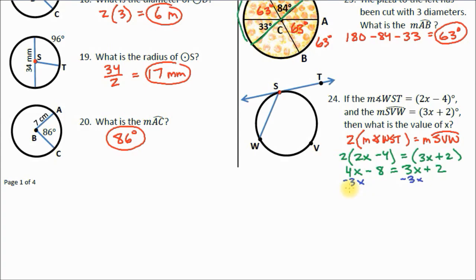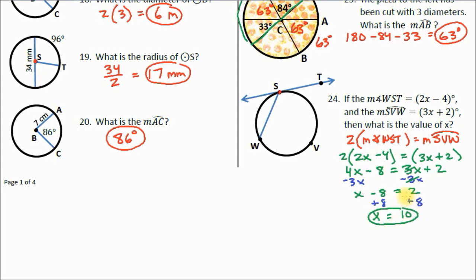And we're going to end up with 4x minus 3x is just x. So x minus 8, these cancel, equals 2. Now we're going to go ahead and add 8 to both sides. And our final answer is going to be x equals 10.